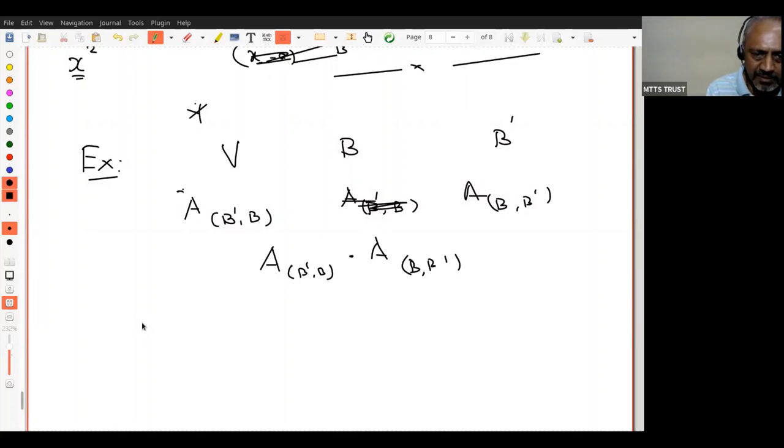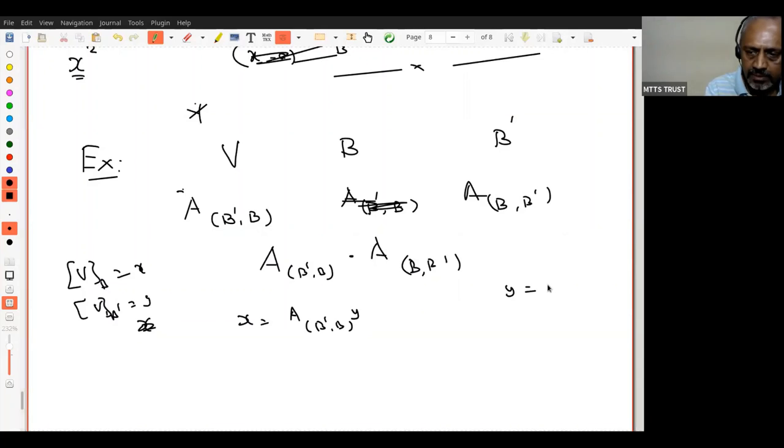So I will simply write B as x and B dash as y, then we know the x coordinate is A B dash B times y, right? And here the y coordinate is A B B dash times x, right?